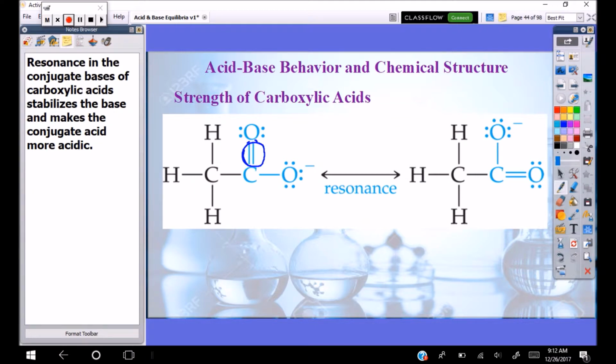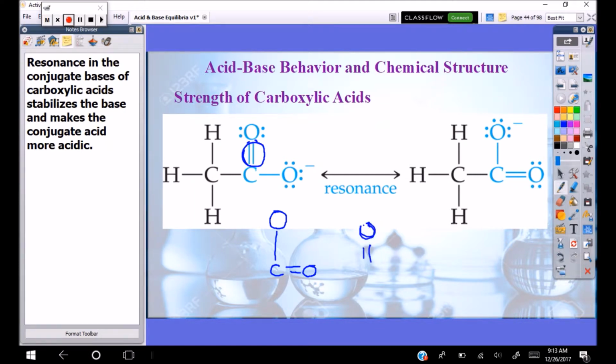Whenever we have resonance, it means that the electrons in the double bond are actually delocalized, meaning there's not really a double bond there at all. It's really that the electrons are partially shared between both groups of atoms. If you think about the normal bond length, we know that double bonds are shorter than single bonds.